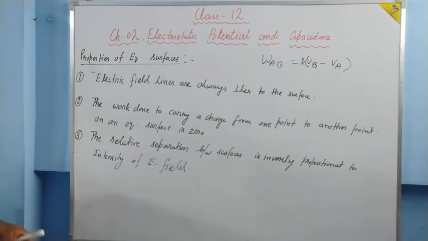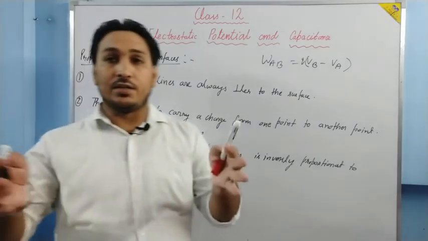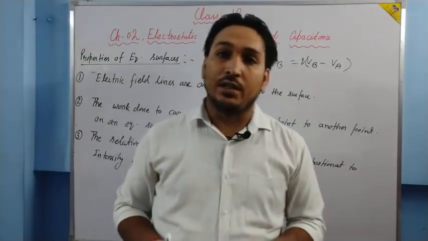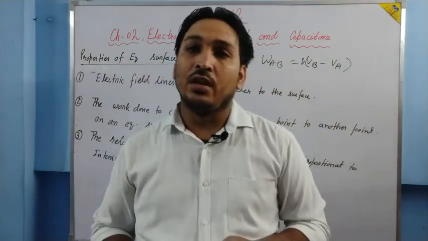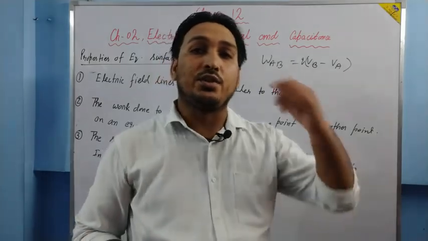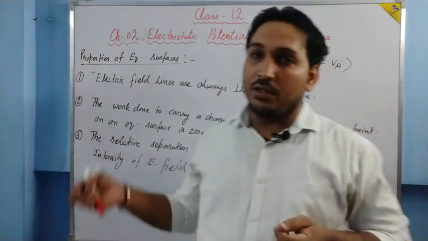If the equipotential surfaces are at greater distance, then we say that the value of electric field is less. If they are close to each other, then we say that the electric field is strong. Remember these three properties.